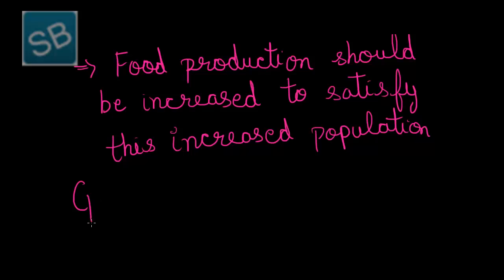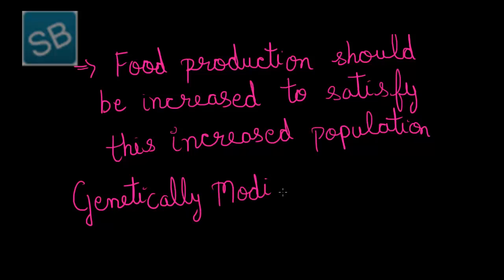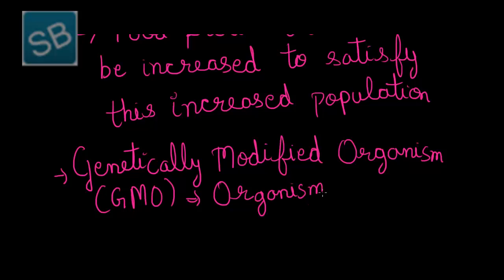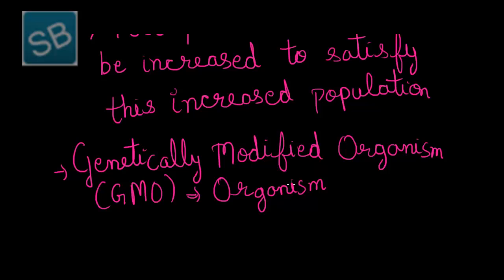We have already studied genetically modified organisms in the previous chapter. That is GMO. A genetically modified organism can be described as an organism which possesses altered genetic material.